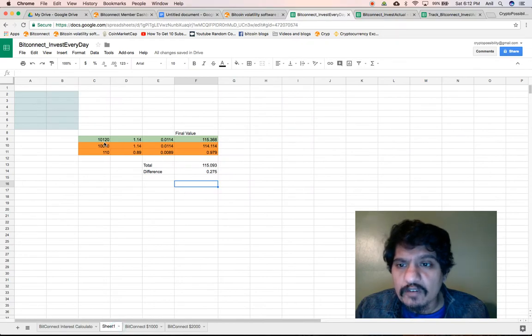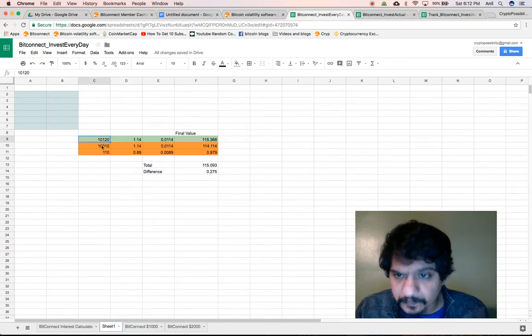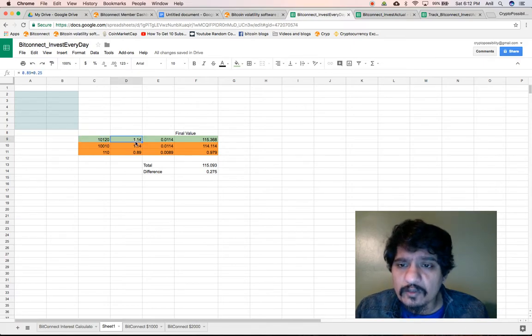To see this in illustrated form, I have split it across. What the existing calculator is giving is this: for 10,120 with the interest of 1.14%, you're getting 115.368.